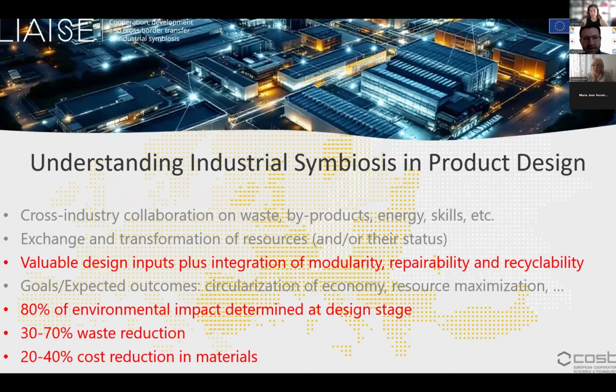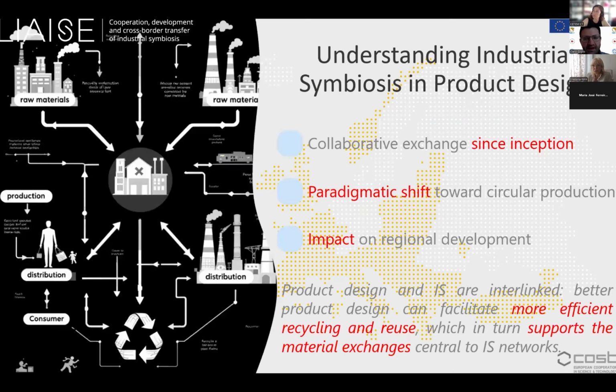What I conducted is a literature research that made it possible to identify 31 studies related to industrial symbiosis in product design according to some criteria reported here, with the PRISMA methodology for systematic literature review that we conducted.